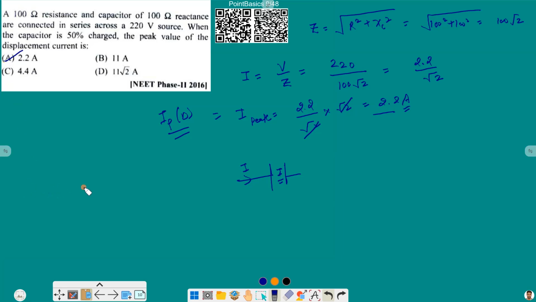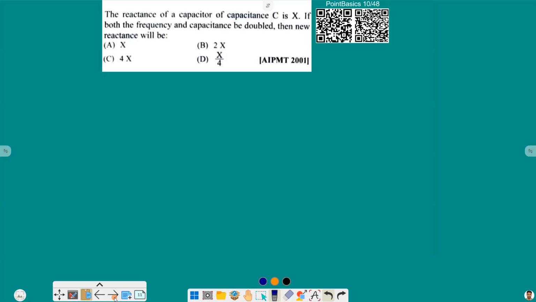Now let's move to the next one. The reactance of a capacitor of capacitance C is X. If both the frequency and the capacitance are doubled, the new reactance will be? So we know reactance is given by 1 by omega C, and omega we can write as 2 pi F, so it is 1 by 2 pi F C. Now if we double the frequency and double the capacitance, suppose X dash is 1 by 2 pi of 2F into 2C.